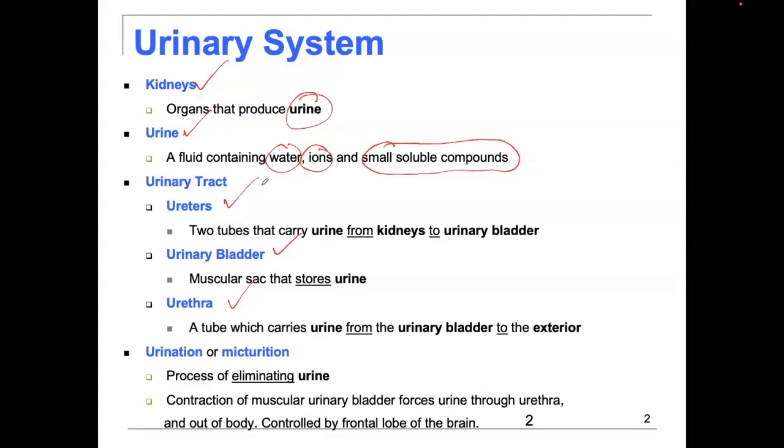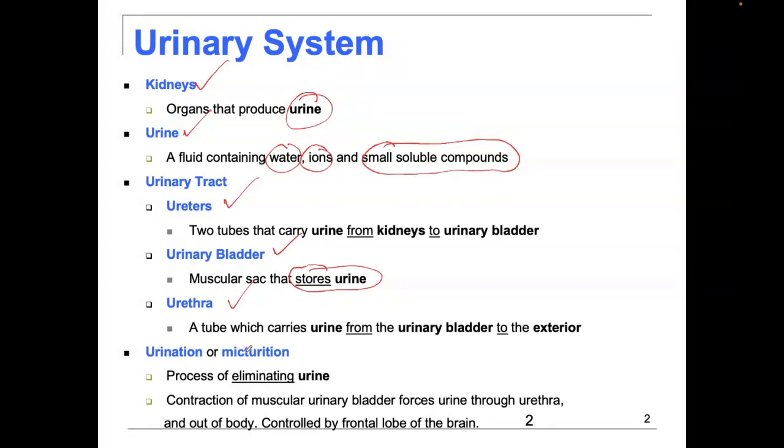I already showed you what the ureters are. Those are the tubes that carry urine from the kidney to the urinary bladder. The urinary bladder is a muscular sac that will store the urine. And the urethra is the tube that carries the urine from the urinary bladder to the outside world, to the exterior.